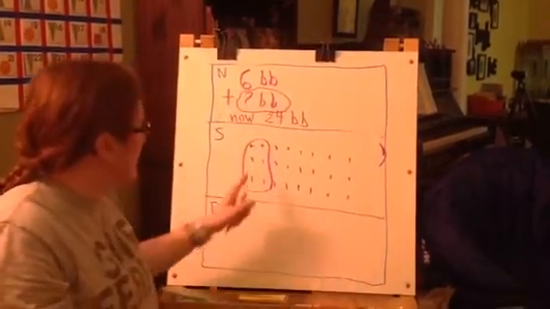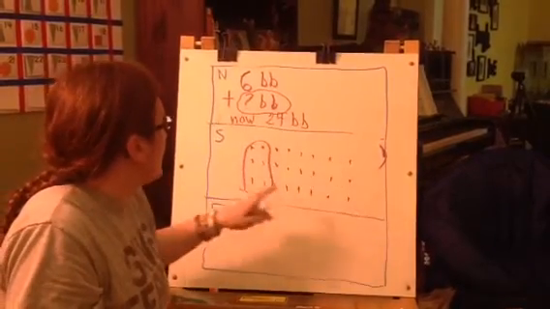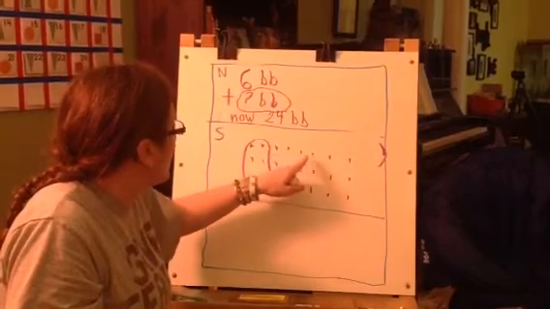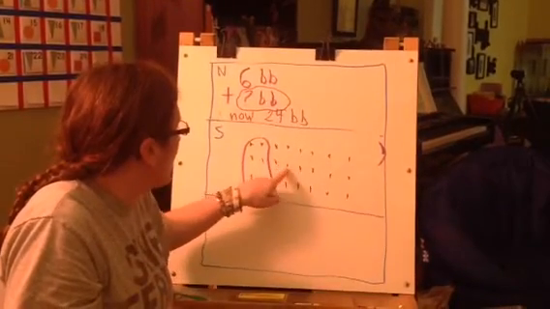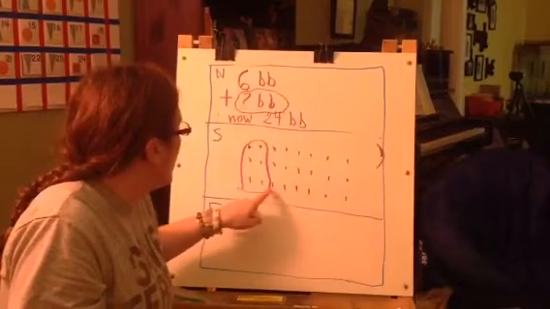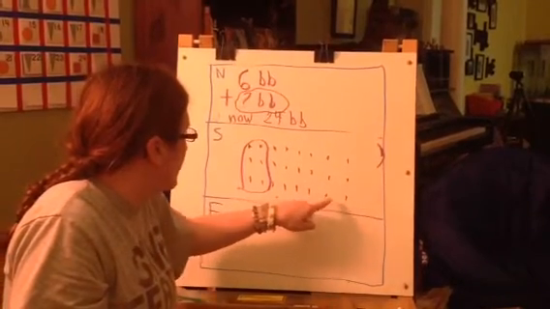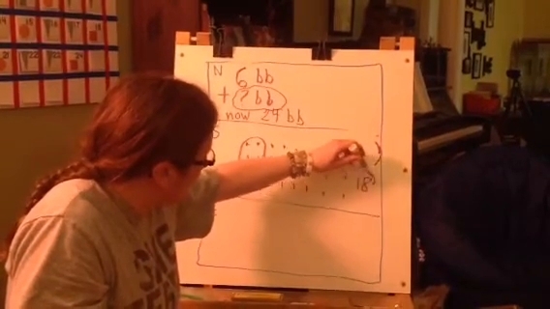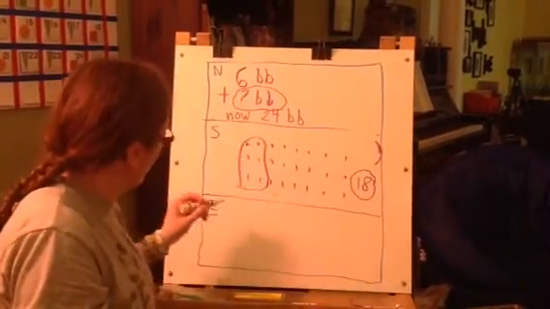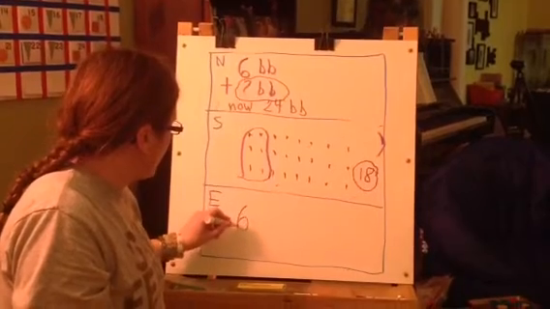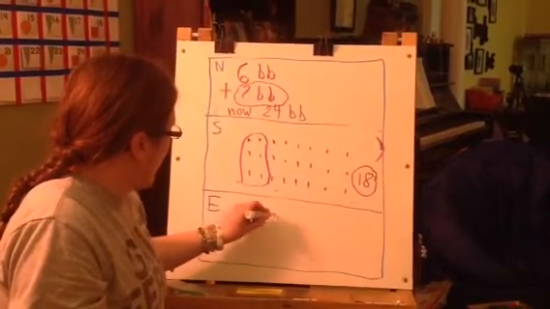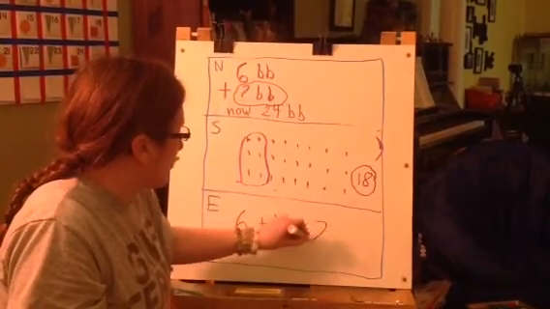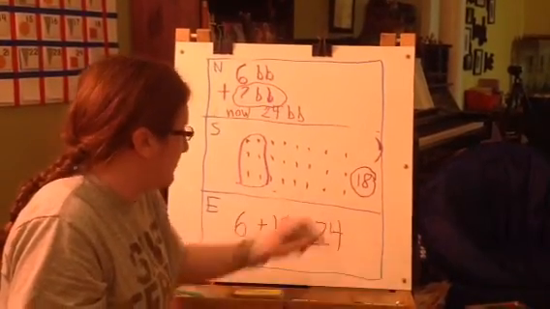So that's the 6. So these are the ones that Jonathan gave him. 1, 2, 3, 4, 5, 6, 7, 8, 9, 10, 11, 12, 13, 14, 15, 16, 17, 18. So Jonathan gave him 18 basketballs. 18 is the answer. So if we take Dylan's 6 basketballs and we add the 18 that Jonathan gave him, it's going to equal 24 basketballs in all.